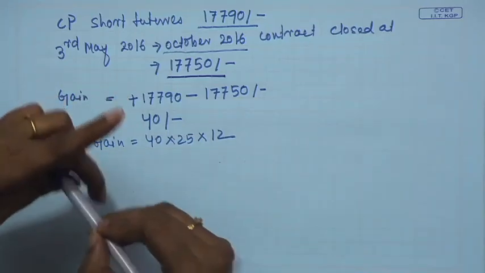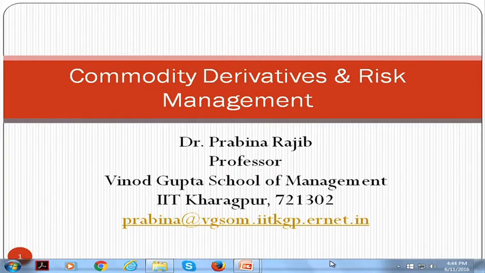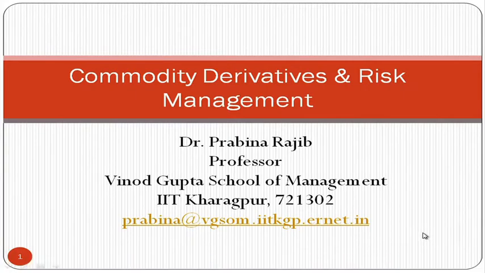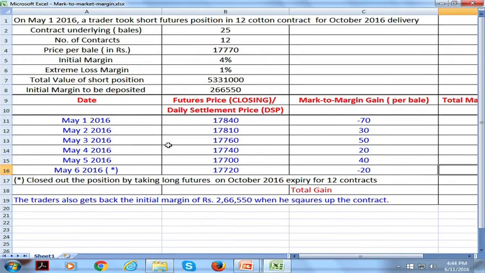Now, let us go back to the Excel calculation which I have done. As I mentioned, in mark to market margin, all open positions are marked to market on a daily basis till a party squares up its position. So, let us go to this Excel file. Exactly the same thing I have mentioned here.